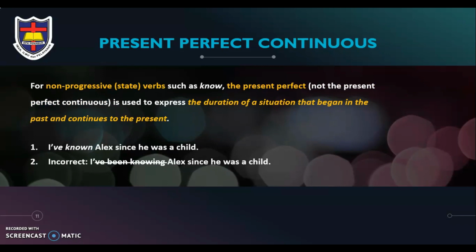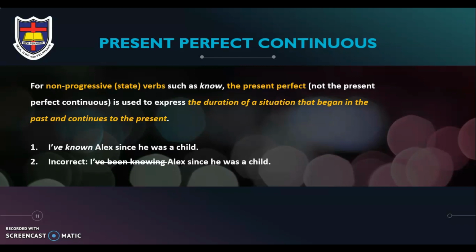For non-progressive state verbs such as learn, remember, when we talk about continuous, we have to be careful with 2 kinds of verbs, state and action. State, whenever that is related to someone's feeling, you cannot see the movement. So with state verbs, you cannot change them into verb in.